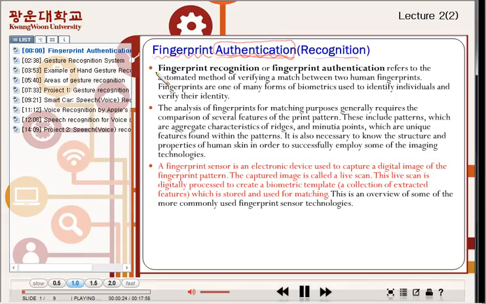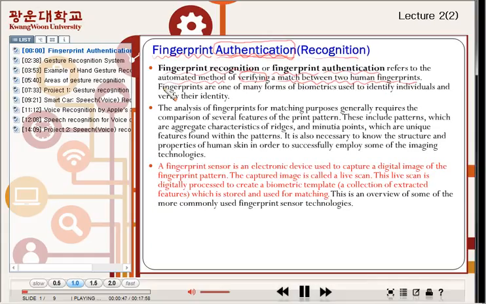Fingerprint authentication refers to an automated method of verifying a match between two human fingerprints, a reference fingerprint and a test fingerprint. We have to match between two fingerprints.